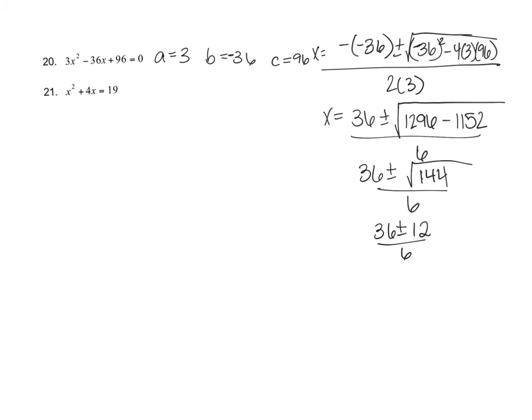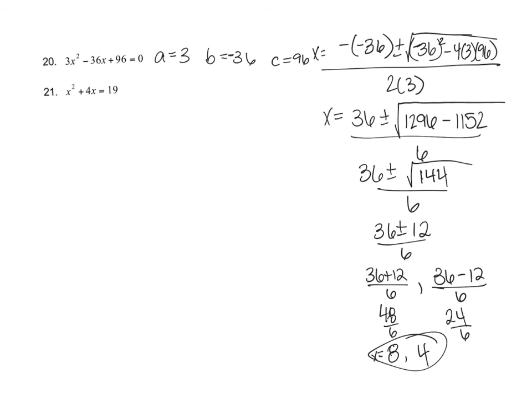And now at this point I can do the adding and subtracting because I don't have any square roots left. So I have 36 plus 12 divided by 6 and 36 minus 12 divided by 6. So that's 48 divided by 6, which is 8. And then 24 divided by 6, which is 4. So x equals 8 and 4.